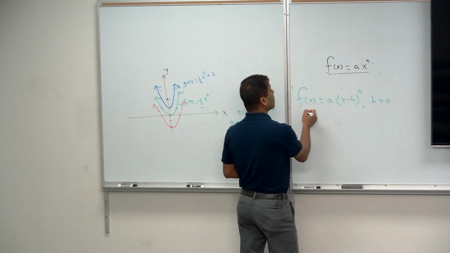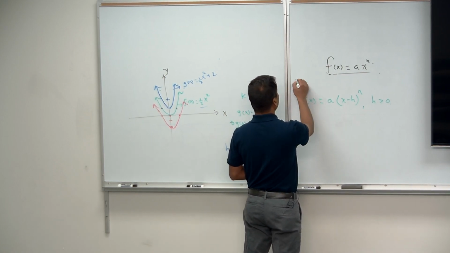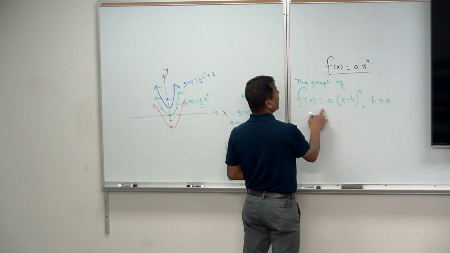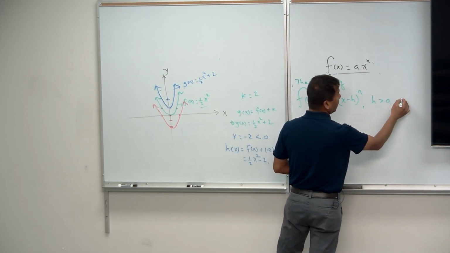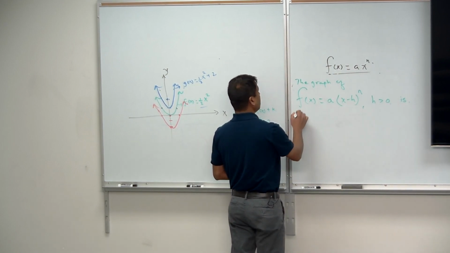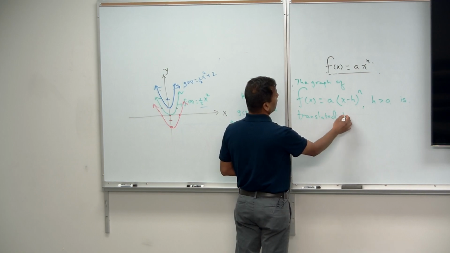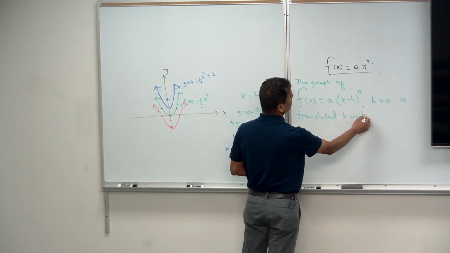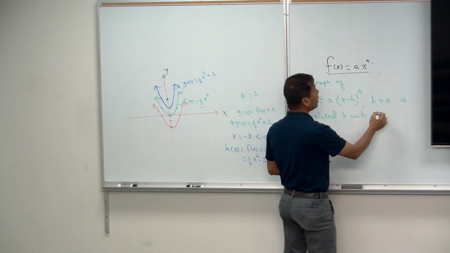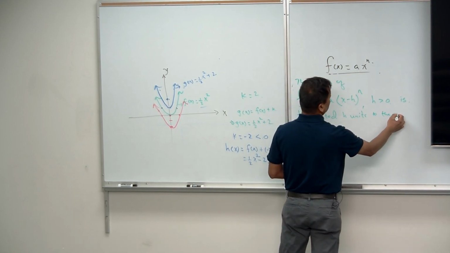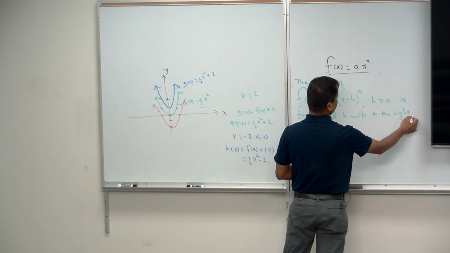So you can say, let me write down here, the graph of f(x) equals this is translated h units to the right, because h is positive.